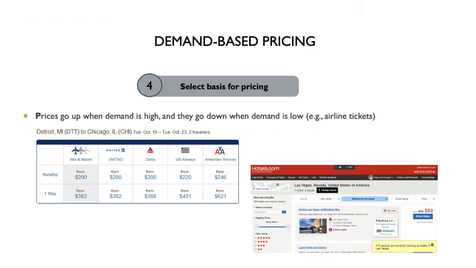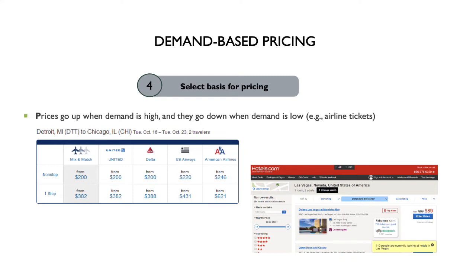Demand-based pricing is different from cost-based pricing in that the market is setting the price of the product. So think about airlines. It's the 4th of July week here, and if I were to have taken a trip on an airplane this week, I would have paid more because there's a lot of travelers going around the United States over the long weekend.